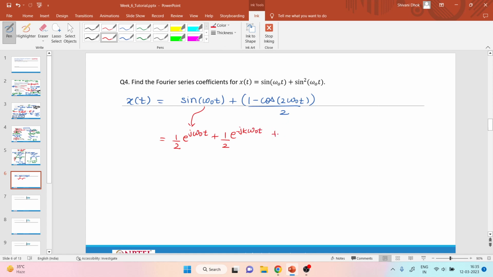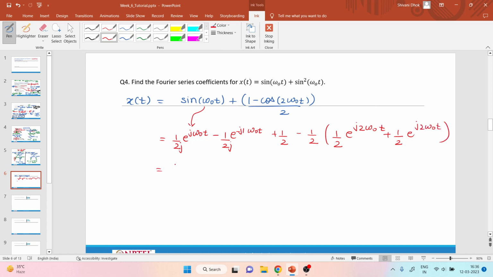Then we have this 1 by 2 as it is, and minus 1 by 2 times cos, and this cos can be written as 1 by 2 into e power j 2 omega naught t plus 1 by 2 into e power minus j 2 omega naught t.